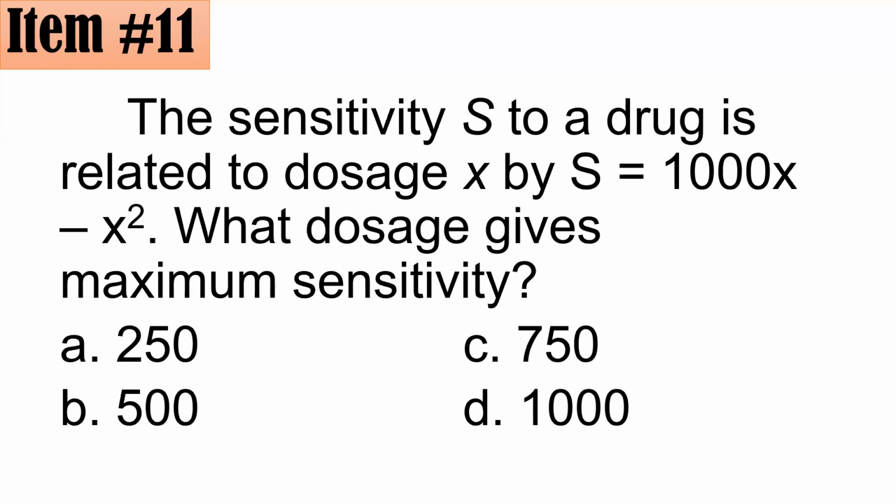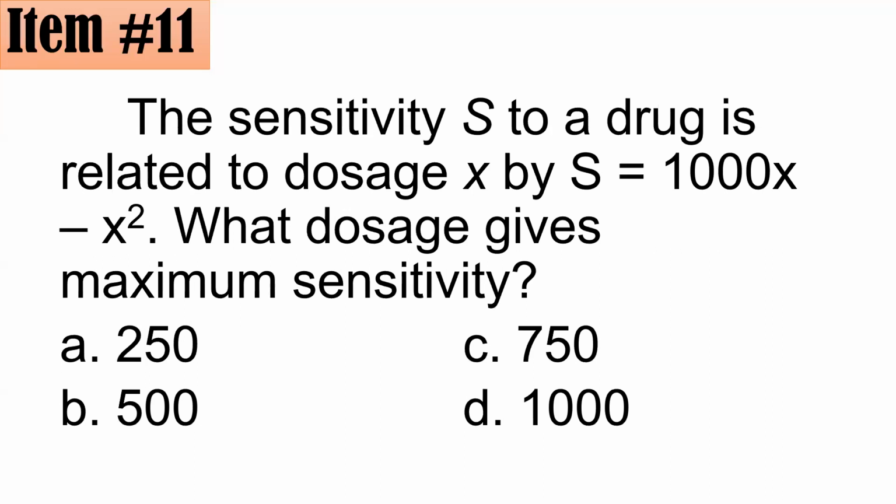The sensitivity S to a drug is related to dosage X by S equals 1000X minus X squared. What dosage gives maximum sensitivity? Is it 250, 500, 750, or 1000?